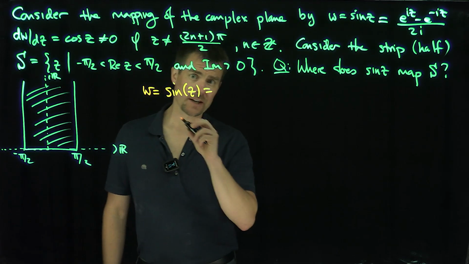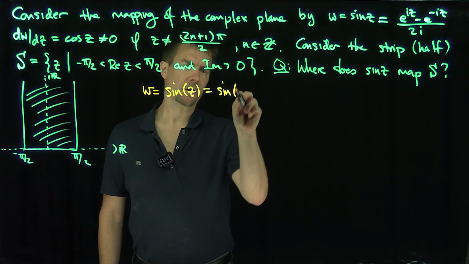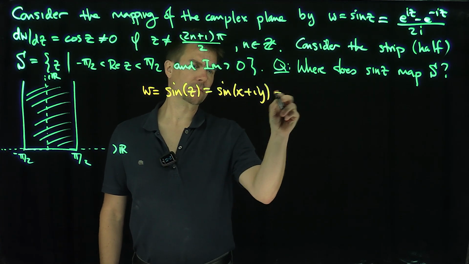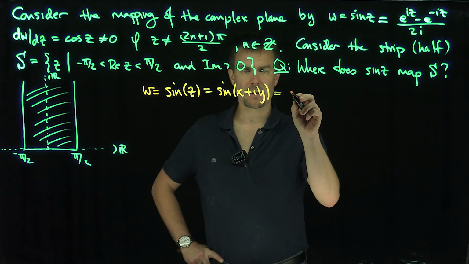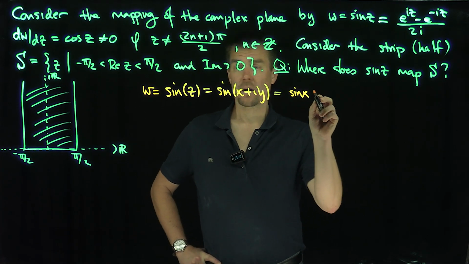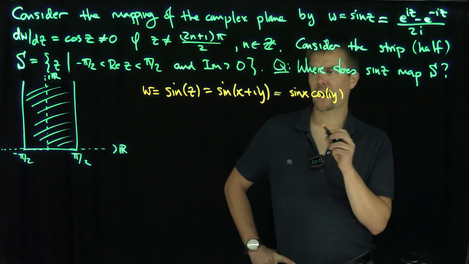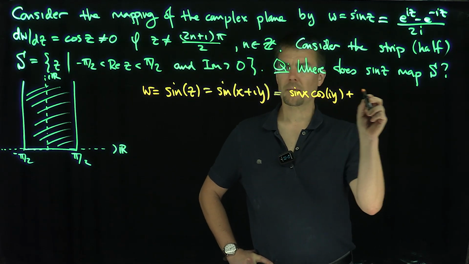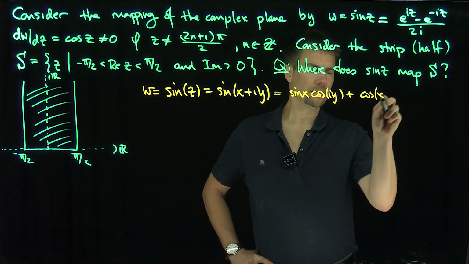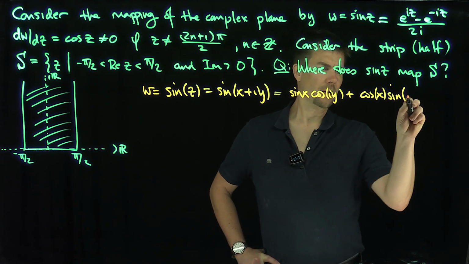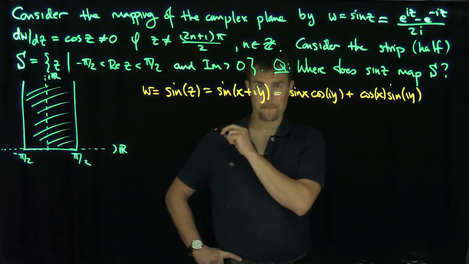If we write z equals x plus iy, this is the sine of x plus iy. That's going to be the sine of x, the cosine of iy, and then plus the cosine of x, the sine of iy.